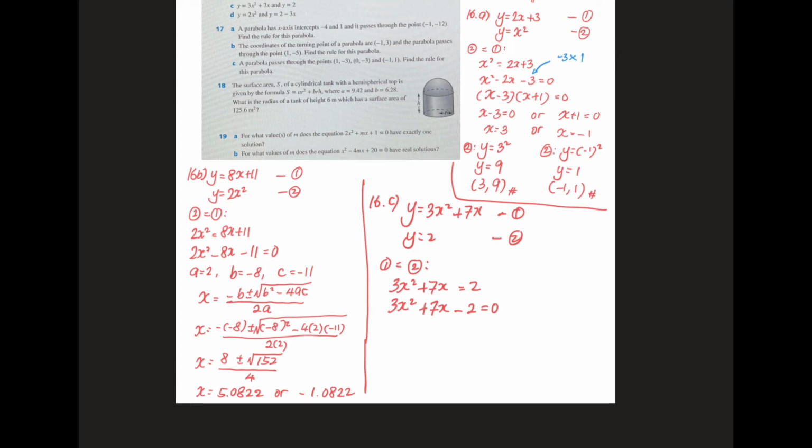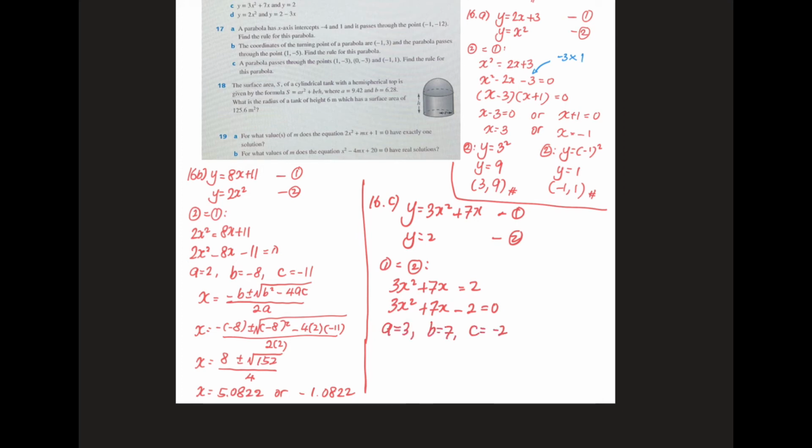Of course, when you press calculator, your calculator will show surd form, something like this, or certain calculators will show decimals. So if they show surd form or decimals, that means you can't factorize it and you have to use quadratics formula again.